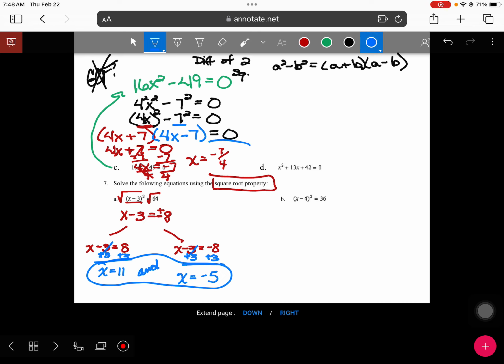That's one of your roots. And over here, 4x minus 7 equals 0. Plus 7 plus 7, 4x equals 7, divide by 4, x is equal to 7/4. So those are your 2 roots.